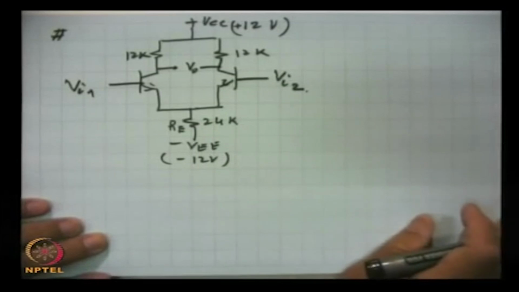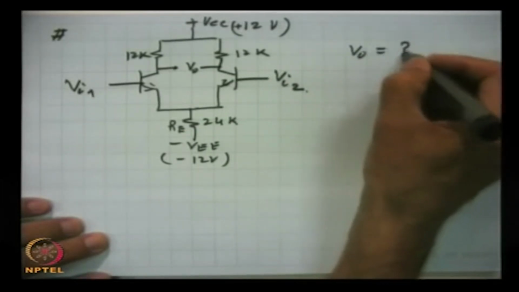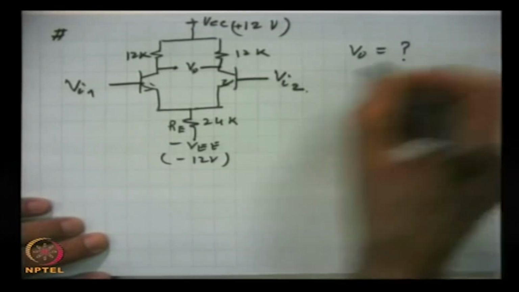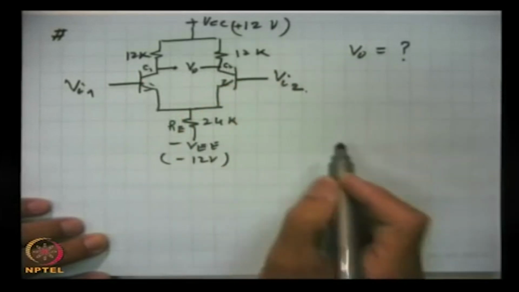So, in this question, how much is V out? This is between two collectors C1 and C2.